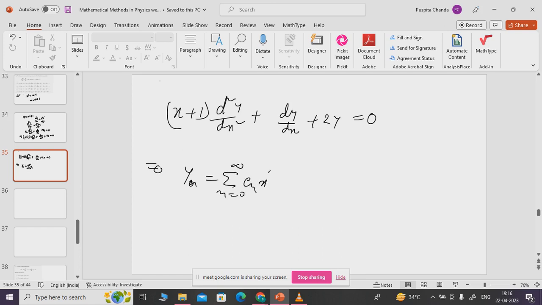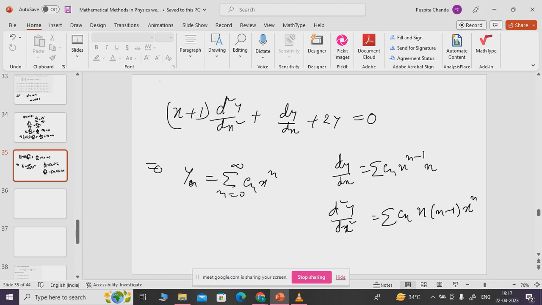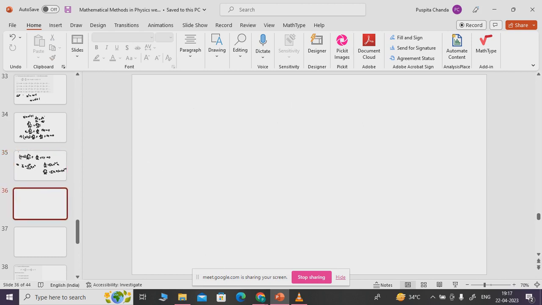It will be y is the sum for n is equal to 0 to infinity cn x to the power n. We know what dy dx and d2y dx2 are: cn n x to the power n minus 1, and d2y dx2 is cn n into n minus 1 x to the power n minus 2.